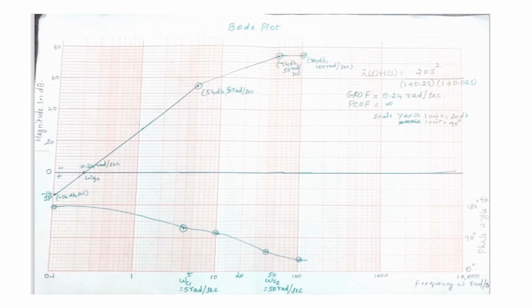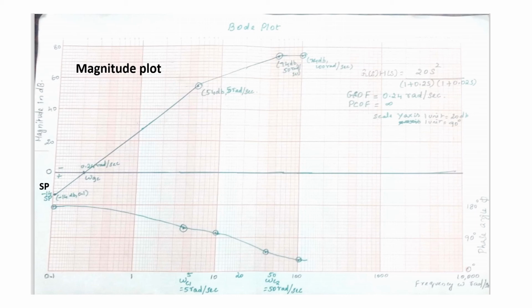Here is the representation of a Bode plot. The Bode plot comprises the magnitude plot. The magnitude plot's starting point is minus 14 dB and its corresponding frequency is 0.1, and the magnitude at omega c1 is 54 dB.